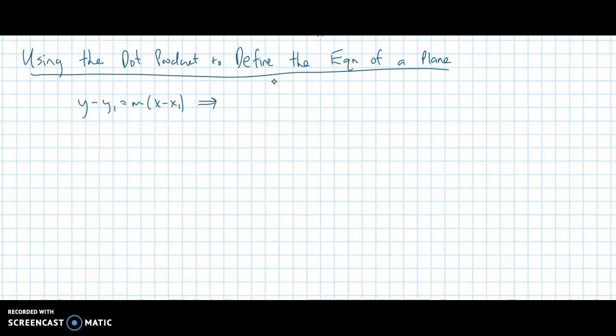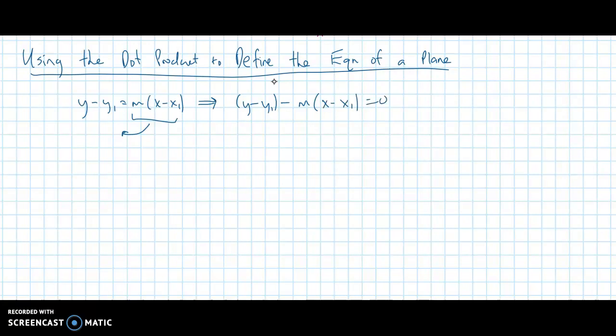One thing I can do with this is change the form. I can move that m times this part right here over to the other side and write it as y minus y1 minus m times x minus x1 is equal to 0.